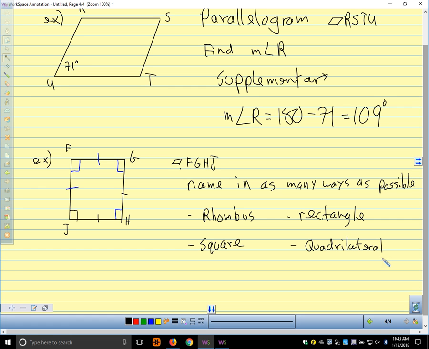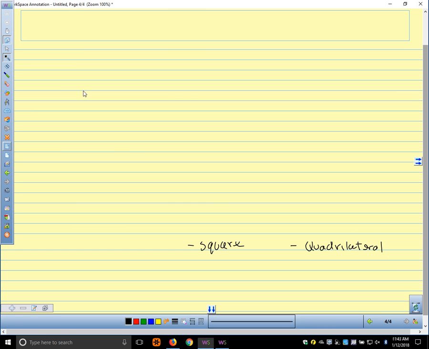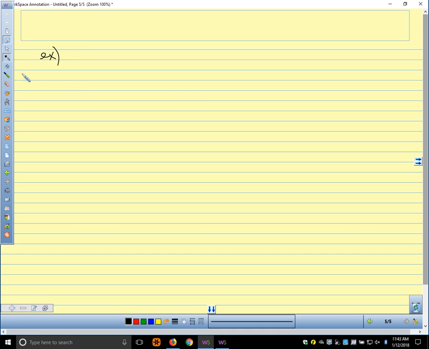All right, we good there? Okay, let's look at a rhombus this time. On the problems in this chapter, it's very important not to go by what the picture looks like, go by the information that they give you.